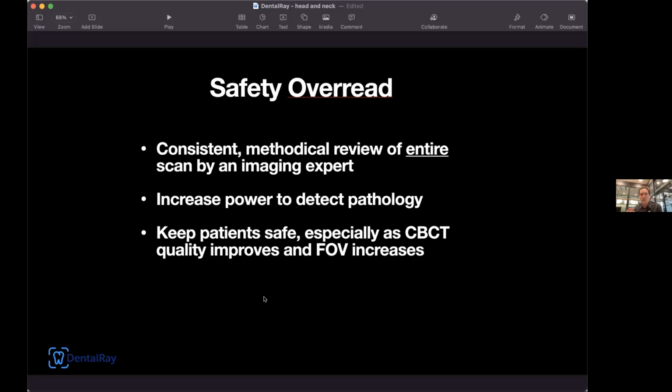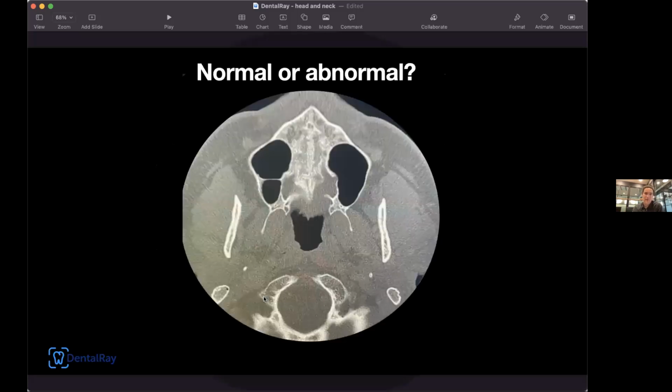So a radiologist, or anybody who's an imaging expert, reviewing the entire study is absolutely critical to keep patients safe, especially as cone beam CT scanner technology improves, the quality of the imaging improves, and the field of view increases.